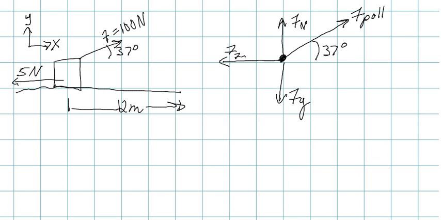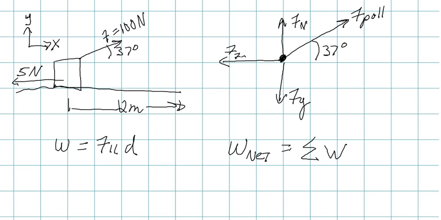Alright, so remember here, the important equations are going to be work is going to equal force that is parallel with the distance, and the work net is going to equal the sum of all the individual works.